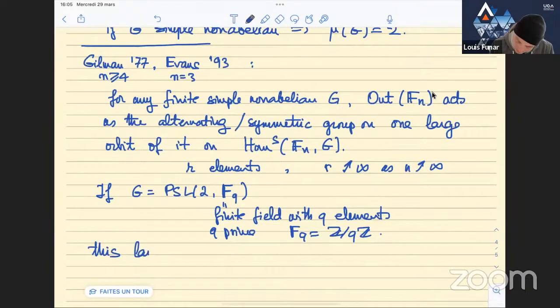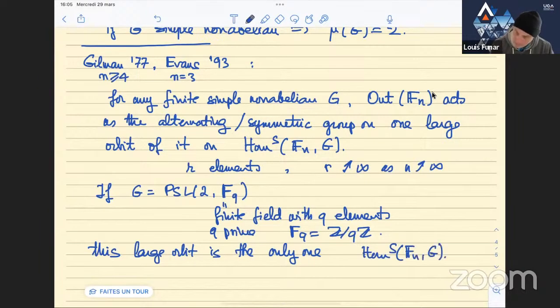This large orbit is the only one, so it's just Epi(Fn, G). So what is saying is that you have an action of the automorphism group, which has a very big orbit. It can be made more precise than that, but I think it's enough.